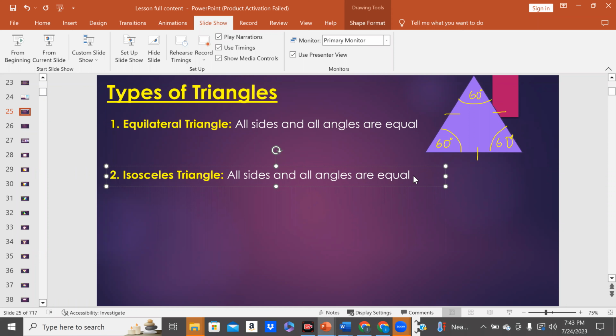For the isosceles triangle, only two sides and two angles are equal.